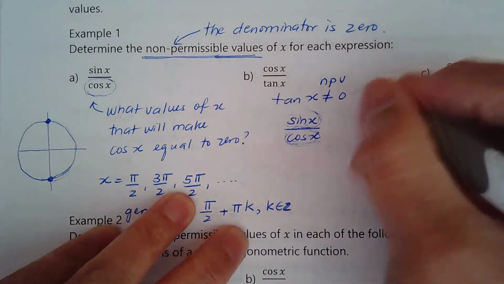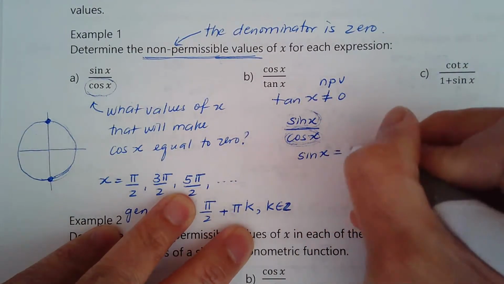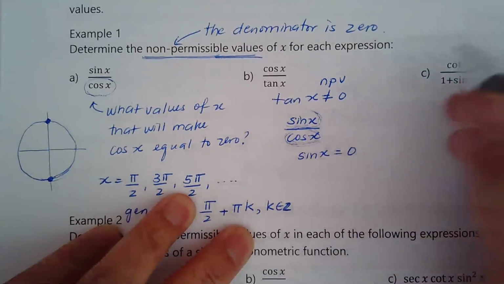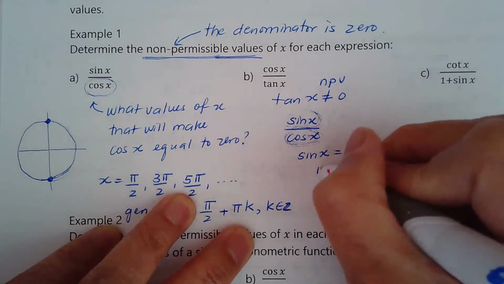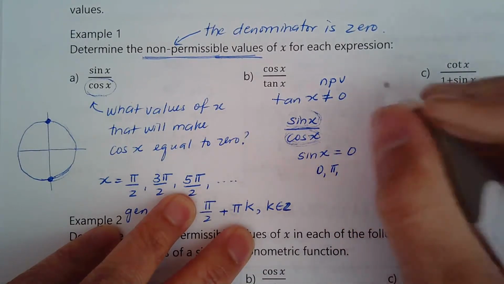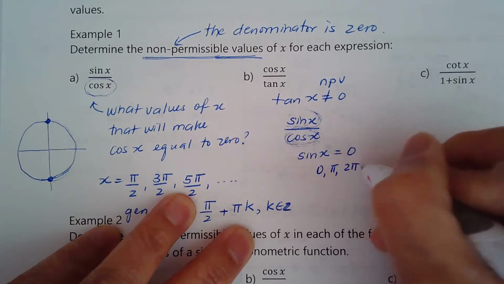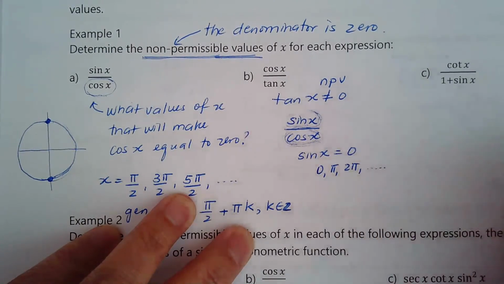So this is where sine of x is 0, that's going to be at 0, pi, 2 pi, and so on.